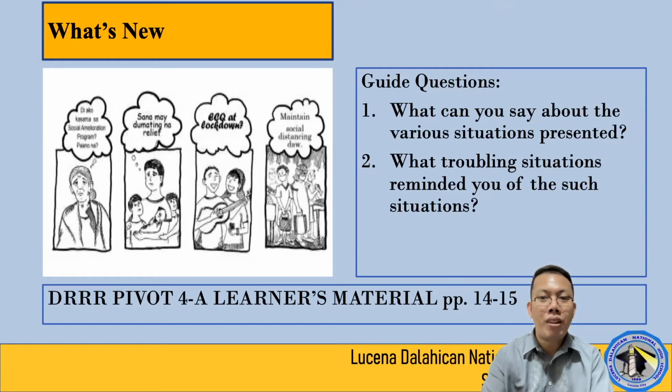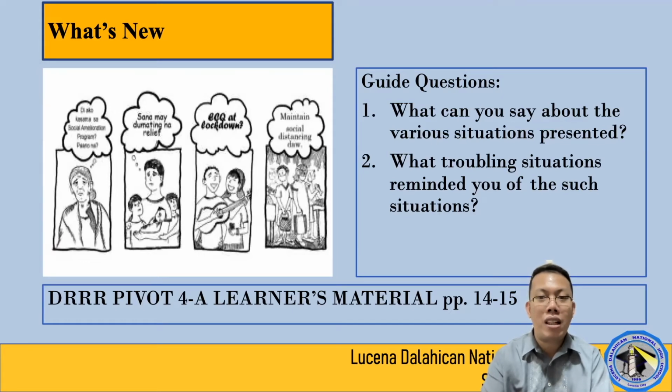These are the guide questions that you have to answer. First, what can you say about the various situations presented? And second, what troubling situations reminded you of such situations? All of us have experienced this lockdown, the ECQ.